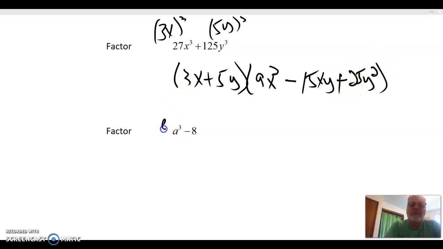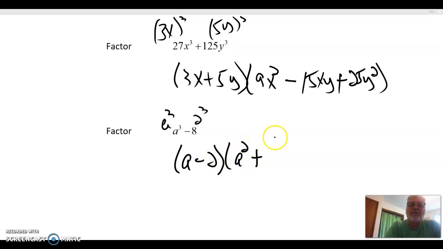Okay, this one is a cubed, and this one is 2 cubed. So this is going to be a minus 2, and we're going to have a squared, plus, because it's opposite, 2a, plus, because it's always positive, 2 squared, which is 4. So I should have a minus 2 times a squared plus 2a plus 4.